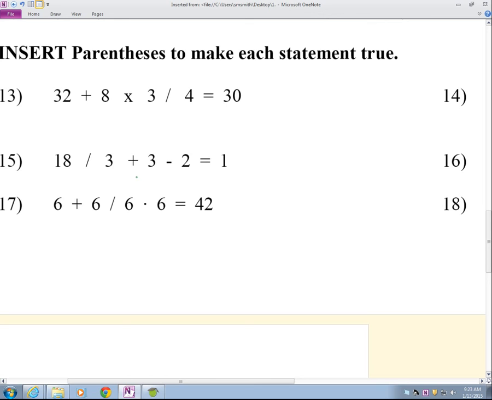Where should we experiment with, Jacob? What would you like to try first? 3 minus 2. Okay, so we're going to put parentheses here. So we have 18 divided by 3 plus 1. 18 divided by 3 is 6, because we just did that one, and you also know your math facts. 6 plus 1 is 7. That one did not work.